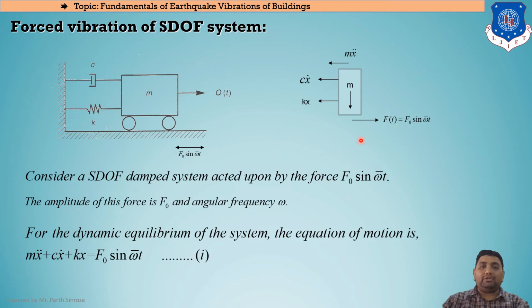The summation of horizontal forces will be done. Only F of t is in the right hand direction, the positive x-axis, whereas the remaining three forces are in the negative x-axis. So the equation can be written as m x double dot plus c x dot plus k x equal to F0 sine omega dash t. Now we will look at an example.